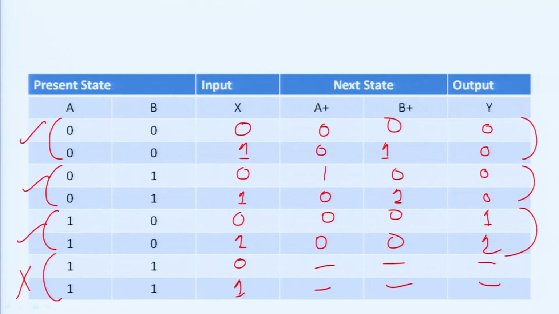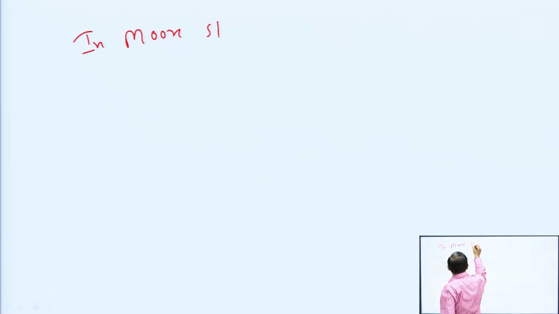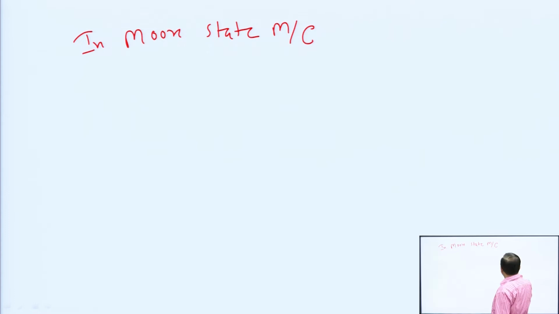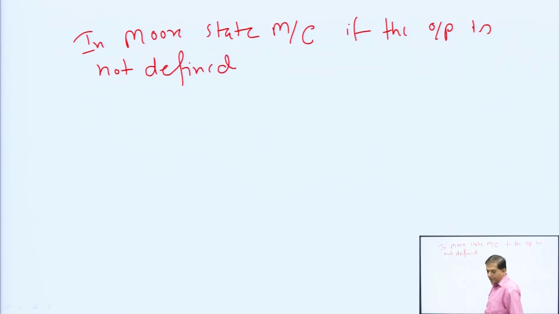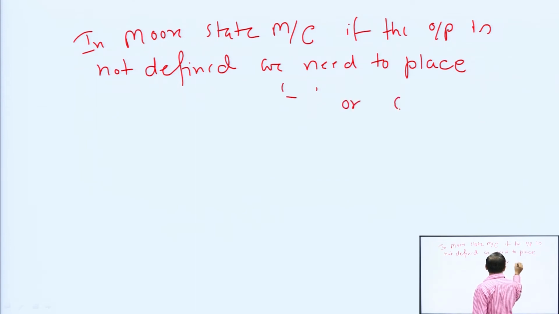So, you can write one important point here: in a Moore state machine, if the output is not defined, we need to place dash or 0.